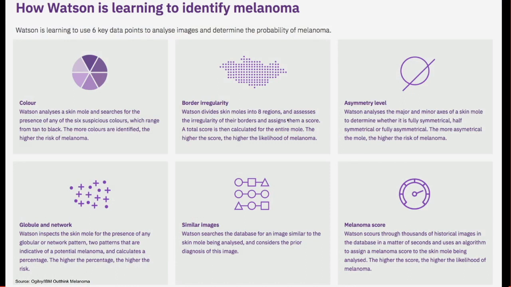IBM Watson was trained on a whole bunch of images of moles, some of which were cancerous, some of which were melanomas, and was able to tell with better accuracy than the average dermatologist whether a mole was cancerous. It could do it by looking at all these different things, the shape, the color, the asymmetry, and it was able to beat a dermatologist.